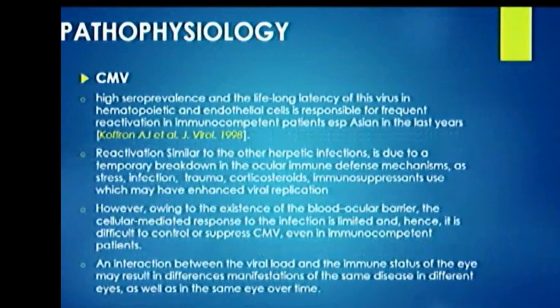At that time, it was very surprising data: cytomegalovirus causing anterior uveitis in immunocompetent patients. But gradually there were more and more reports about this. So it's a disease that we should be able to suspect and to treat correctly.